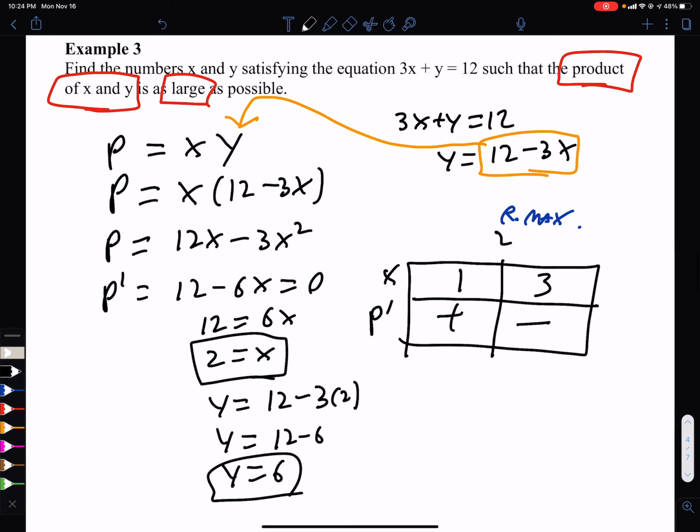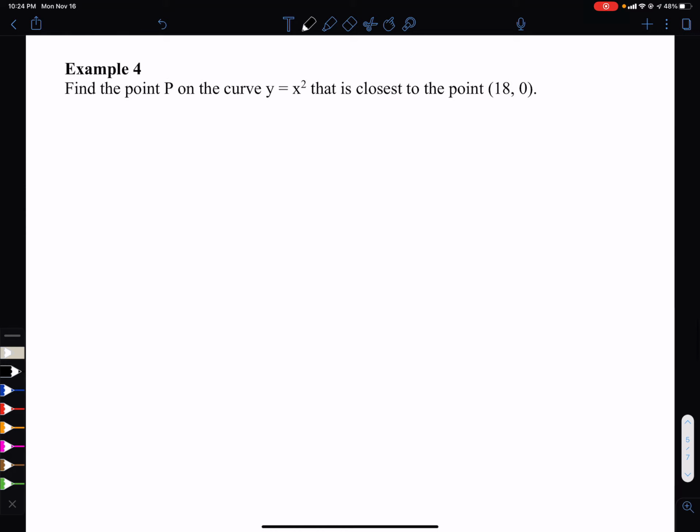We just maximized the product of two numbers. We're going to keep going and going. This is the one that will drive you nuts a little bit, so listen carefully as I go through this. Visually, you have a parabola. Looks something like that.